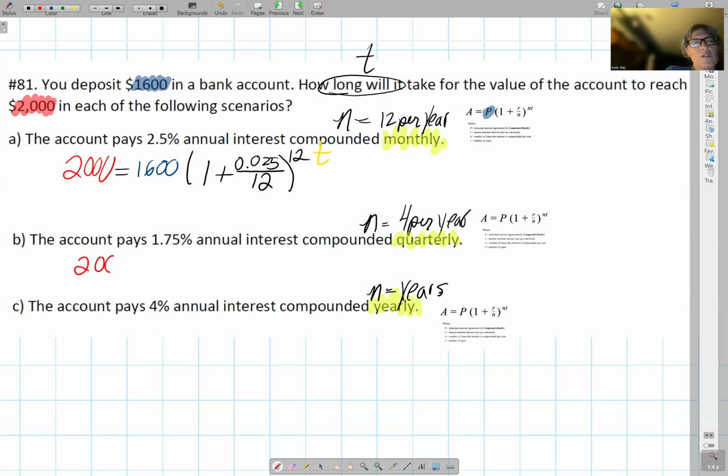So it's 2,000 equals 1,600 times 1 plus, except it's a 1.75 interest rate, so we go over twice: 0.0175. Quarterly, so it's going to be divided by 4, and you're going to have a 4 up here and a T.